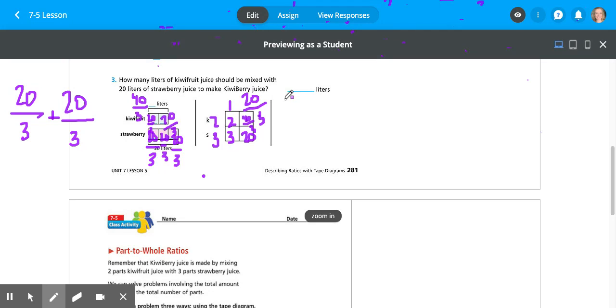So now we need to do this in an equation. So we have 2 thirds equals x over 20. So that is going to be 3x equals 20 times 2.